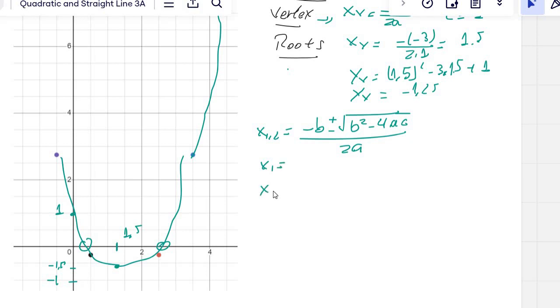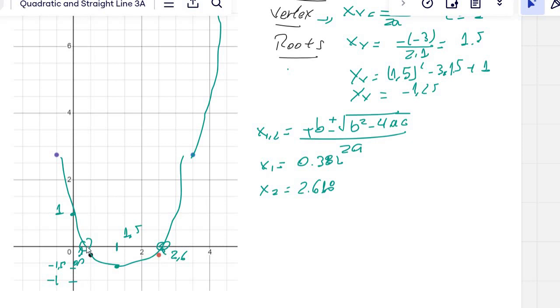If I replace the values here and solve this formula, these are going to be the roots. The first root is 0.382 and the second root is 2.618. So it can be here 2.6, and this is something like 0.3.